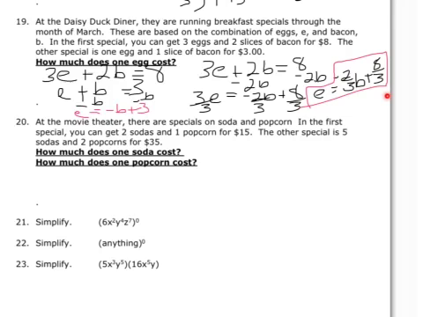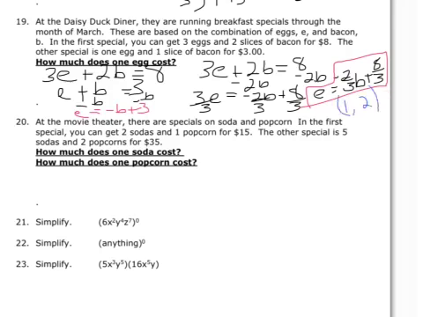When I type that in the calculator, I do second trace 5, let it graph, and I find the intersection point is at 1, 2. So I'm going to write that ordered pair down. Let's do that in blue. So it's going to be 1, 2.